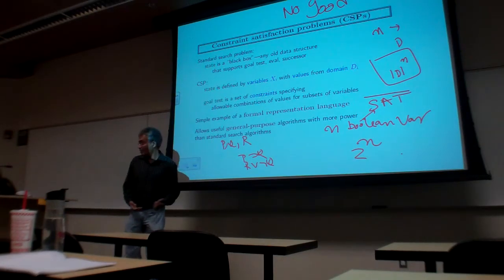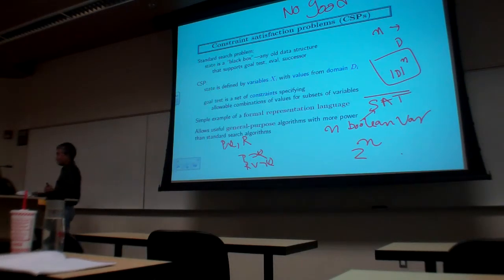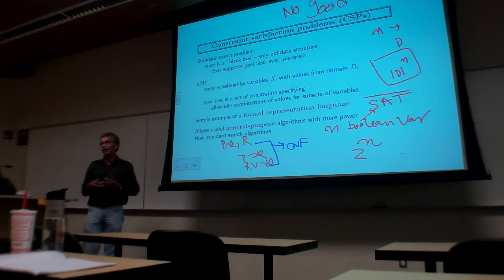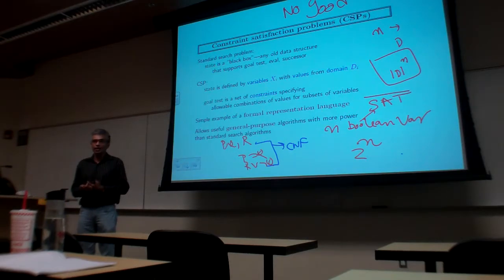Going one step further, any of these formulae can be converted into CNF representation, because any arbitrary Boolean formula can be converted into CNF clauses. So you can have a clausal representation of the constraints.